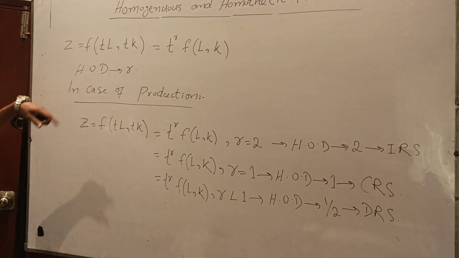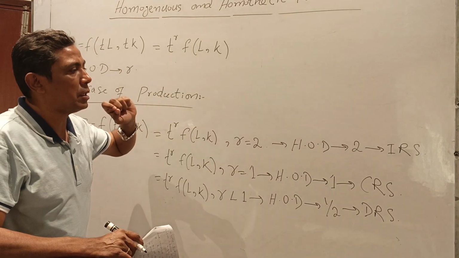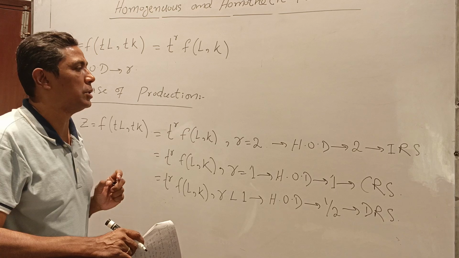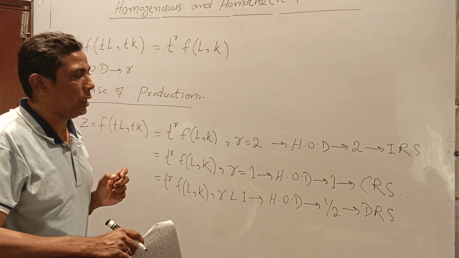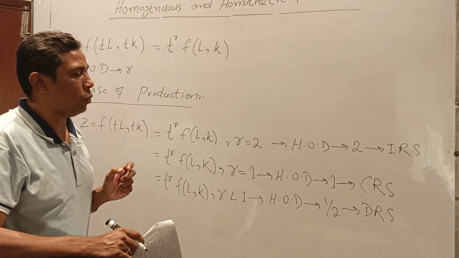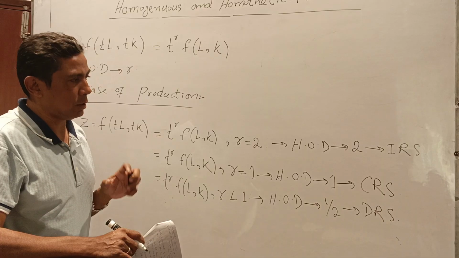So there are three possibilities in case of the production functions. Clear? So as far as the homothetic function is concerned, it means that homothetic functions may have a degree greater than 1, 2, or less than 1.